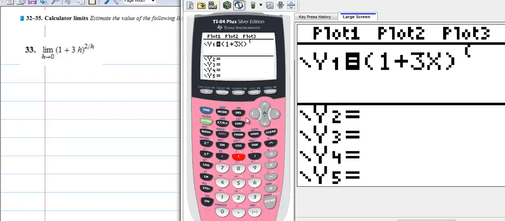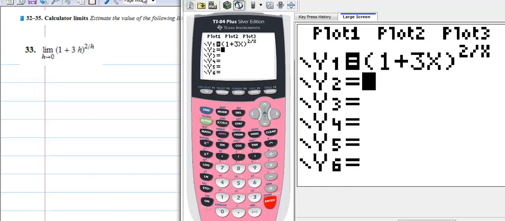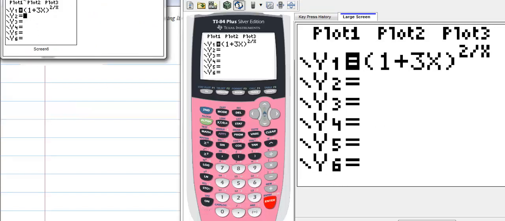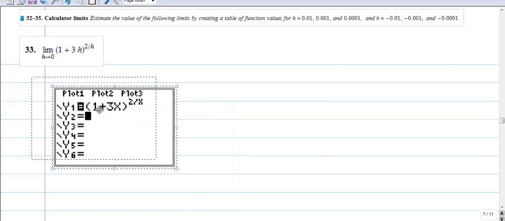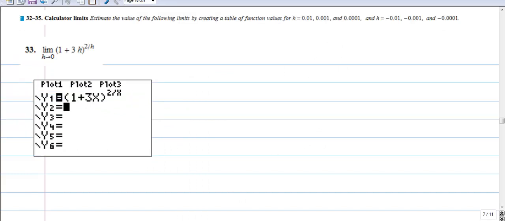Now, if you have the old version of the calculator, you want to make sure that you put the equation's exponent in parentheses. So, if you have the old version, it would look like this. It would be 1 plus 3x and then caret and then 2 divided by x.